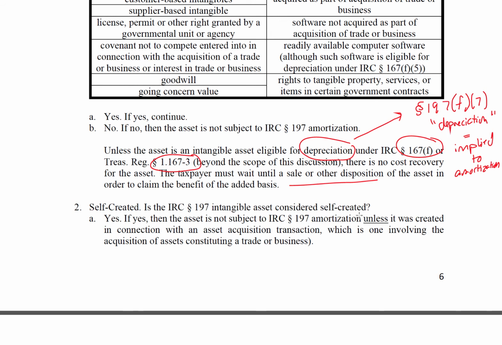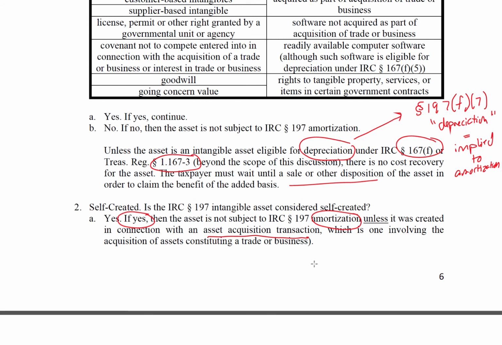So the next question is, if you have one of these qualifying Section 197 intangibles, is it considered self-created? If the intangible is considered self-created, then you cannot amortize it under Section 197 unless it's acquired with respect to an acquisition transaction, which is one that constitutes acquiring a trade or business.